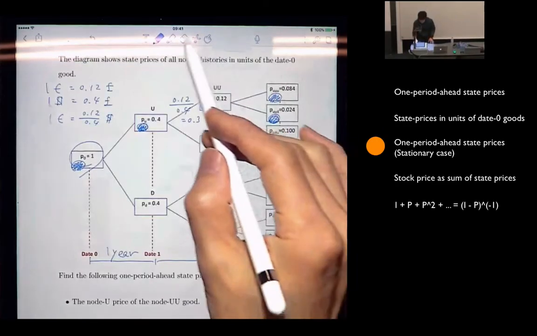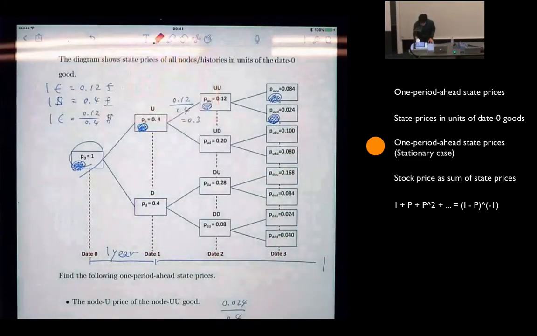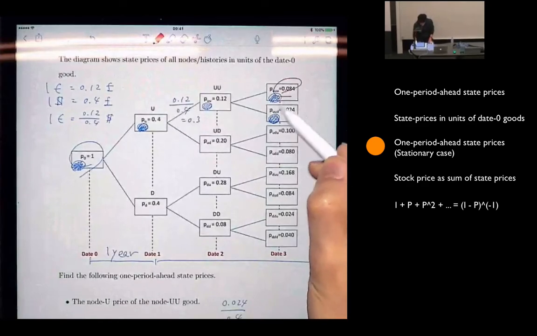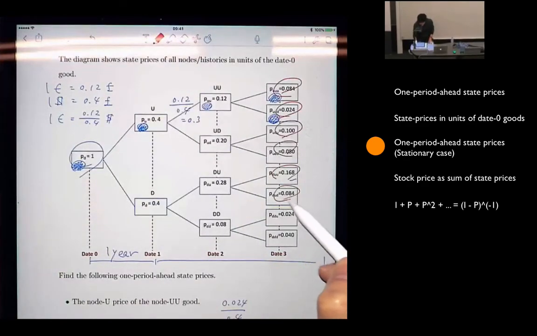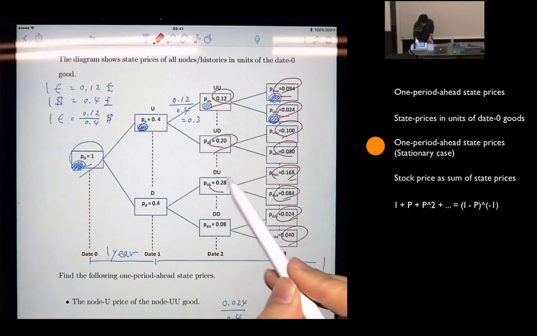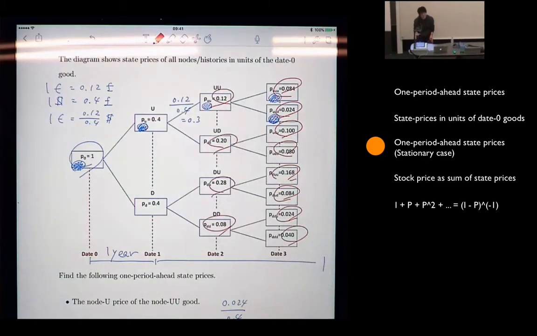Okay, so far, these state prices were sort of random. There were no patterns for these state prices. But in practice, usually they make an assumption so that these state prices or risk-neutral probabilities will have some simple patterns.